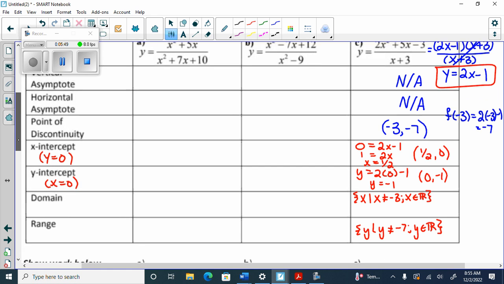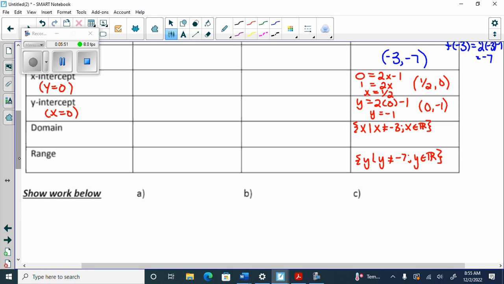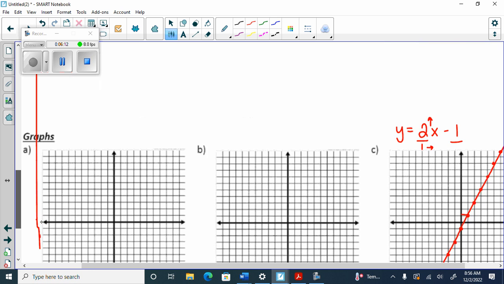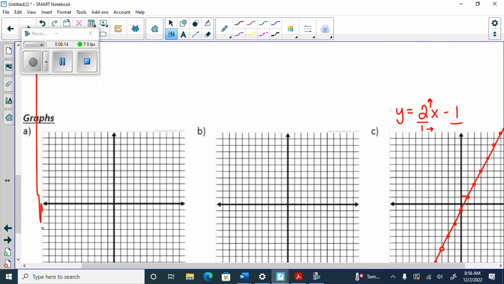So we're going to do the work down here. So we have x squared plus 5x over x squared plus 7x plus 10. And then we have to factor.